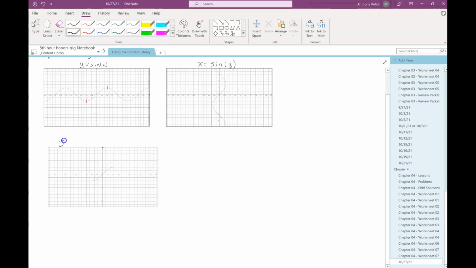So this is y equals sine x, where we're just going from negative pi over 2 to positive pi over 2 for my x's. And now, we do that.